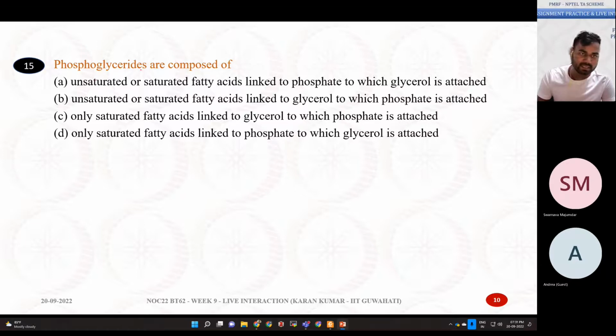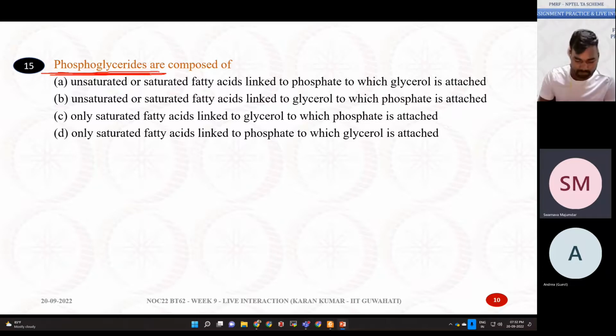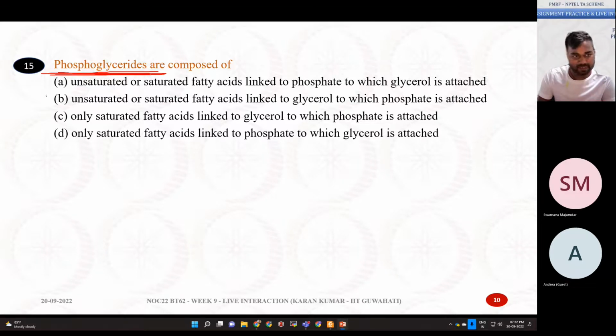What is the correct statement? This is related to the membrane itself. Phosphoglyceride, what does this name compose? Any idea? Option B. Unsaturated or saturated fatty acid linked to glycerol to which phosphate is attached. Very correct. Yes, option B is correct.